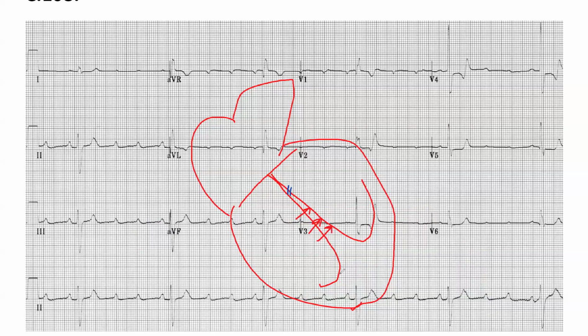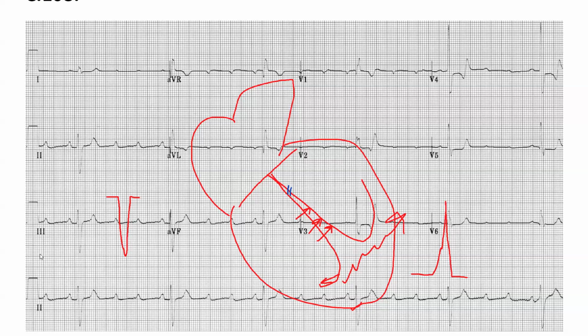After that you could have a little activation of the right side, but everything goes toward the left one. So what does it mean? You will start with negativity. You can see a little notch, but sometimes you don't see any notch. And on the left side, you see a wide and notched R wave. This is the left bundle branch block.